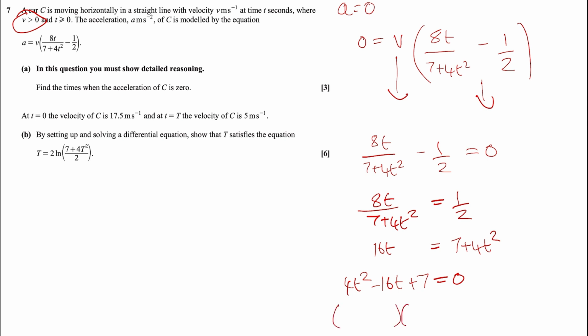But I can see we're going to get a 2t minus 1 and a 2t minus 7. Just double check that. Yeah, that's good. So t has to be a half, or t has to be 7 over 2. So 0.5 and 3.5 seconds. Okay, so that's part A done.